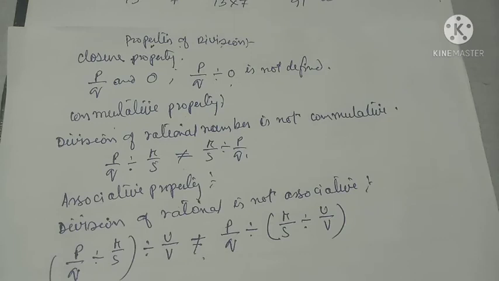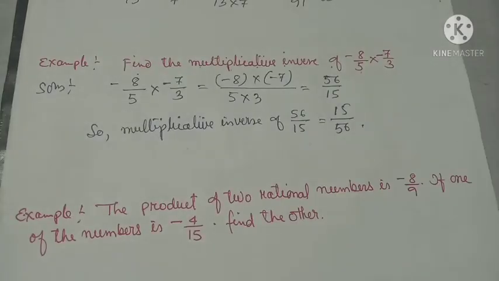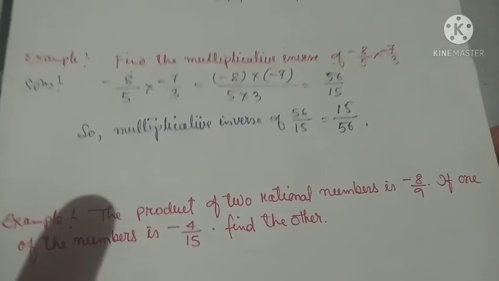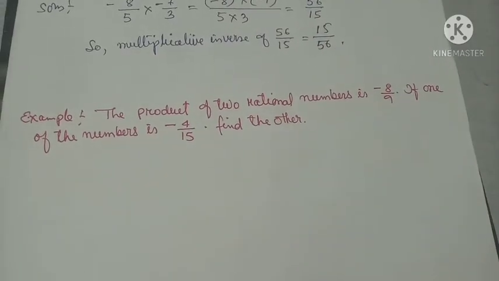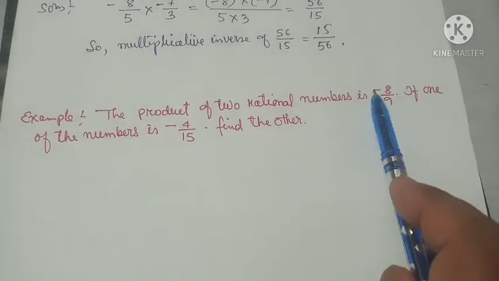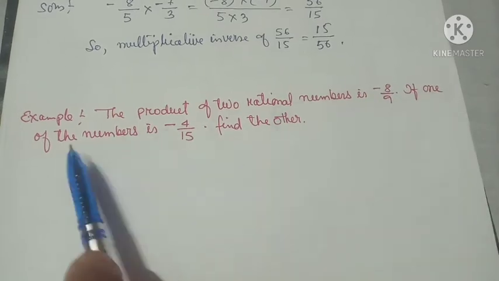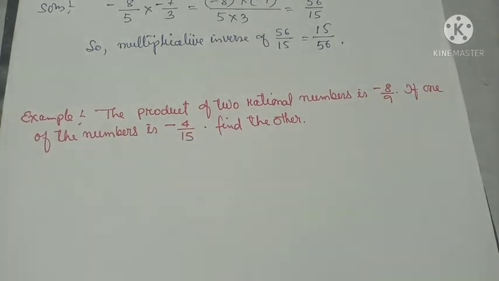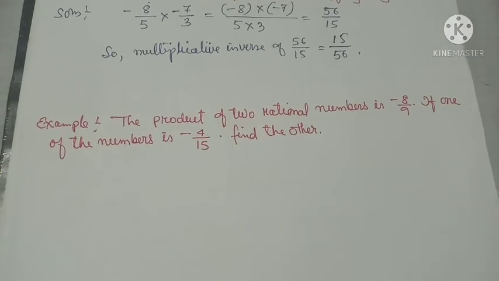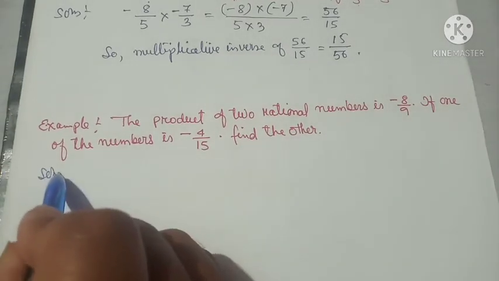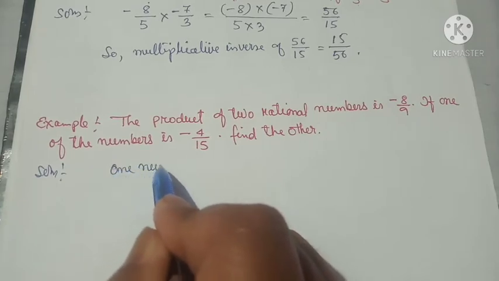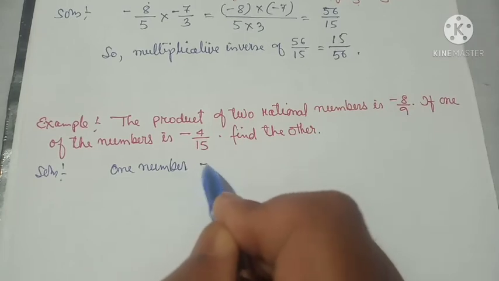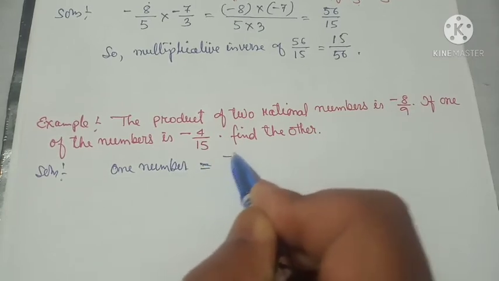So let's work out one example according to the properties of division. Okay, let's see. The product of two rational numbers is minus 8 by 9. If one of the numbers is minus 4 by 15, find the other. We have to calculate this. Solution: one of the numbers is minus 4 by 15.